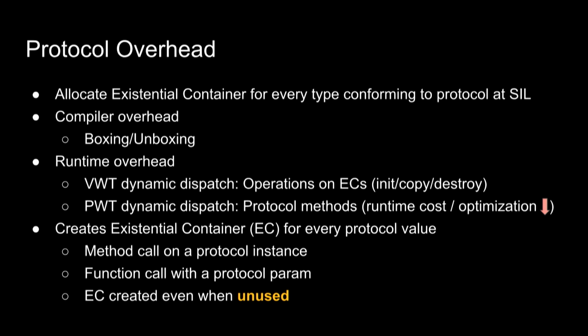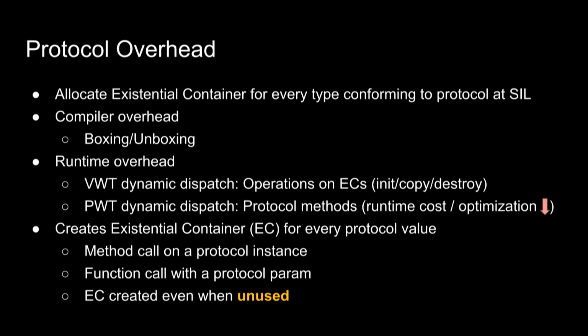The compiler allocates an existential container for every type conforming to a protocol at SIL level. The compiler overhead includes boxing and unboxing an existential container. The runtime overhead includes the value witness table dynamic dispatch to perform operations on existential containers, such as initializing, copying, and destroying, and the protocol witness table dynamic dispatch to perform the protocol method calls.